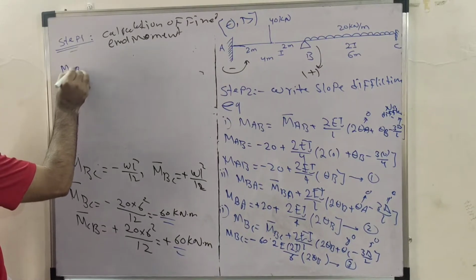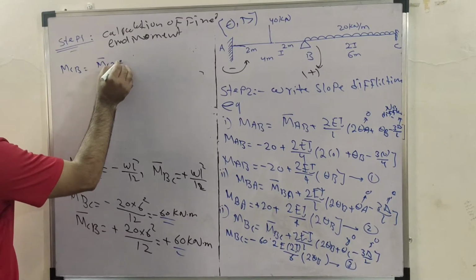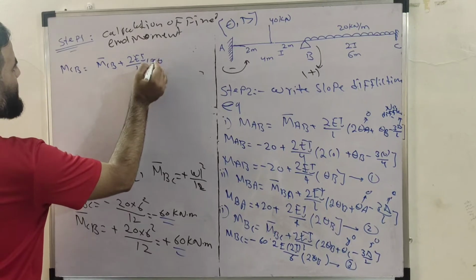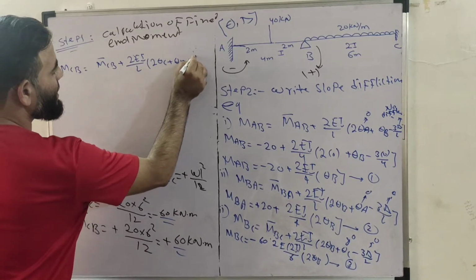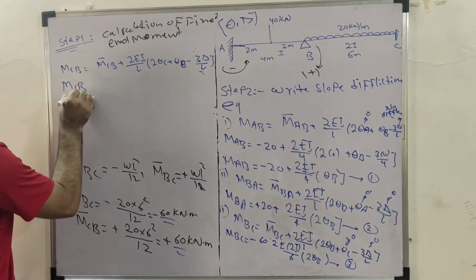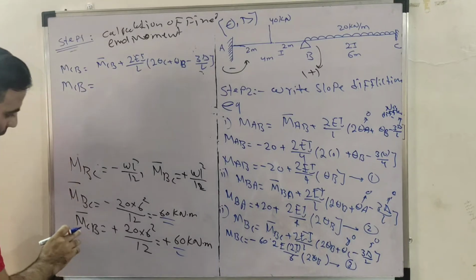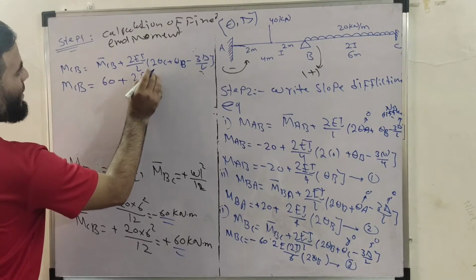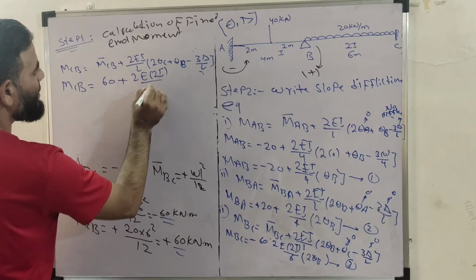Moment of CB is equal to fixed end moment of CB plus 2EI by L into 2 theta C plus theta B minus 3 delta by L. Moment of CB is equal to fixed end moment of CB, we already calculated, plus 60 plus 2EI, I will substitute 2I by L is 6.